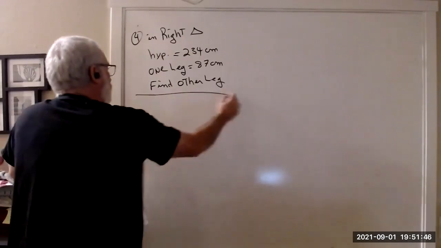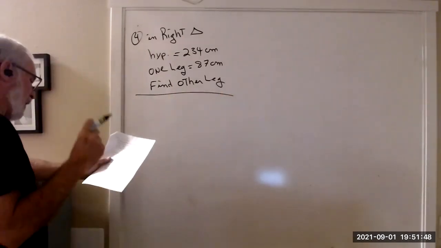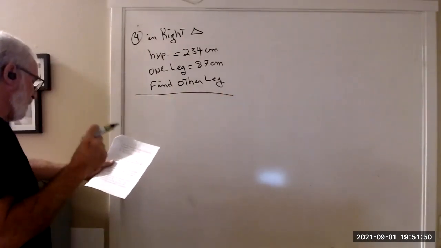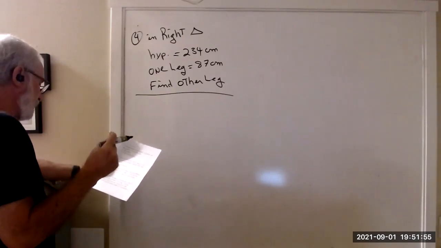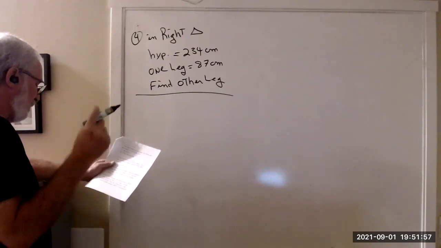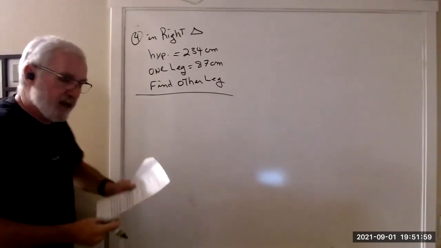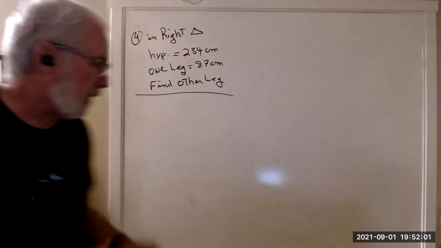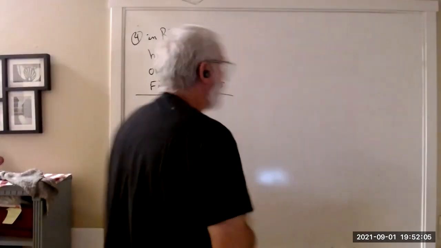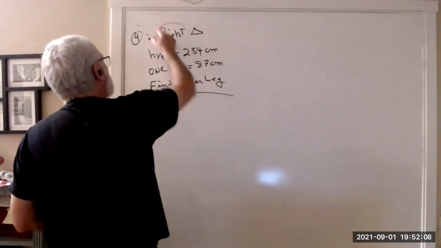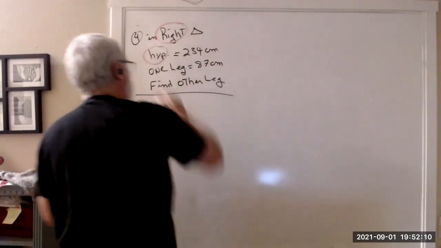All right. In a right triangle, the hypotenuse is 234 centimeters. One of the legs is 87 centimeters. And they want me to find how long is the other leg. This is a key question. There are some key words in here: right triangle and hypotenuse.